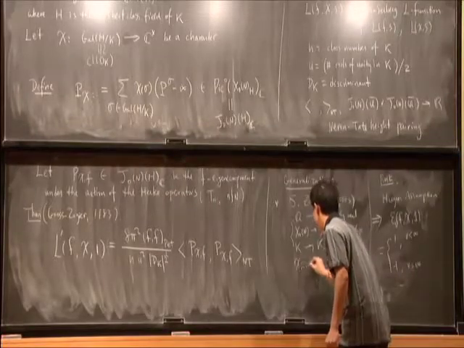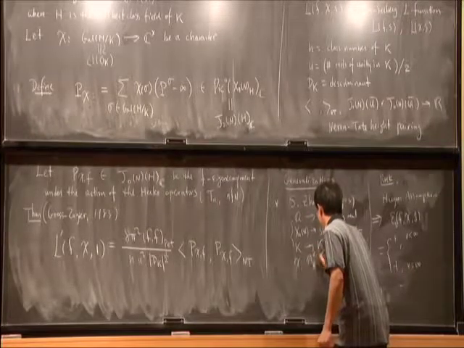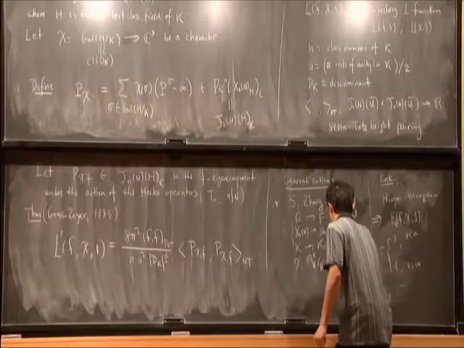This character chi becomes a character on K, a more general one.